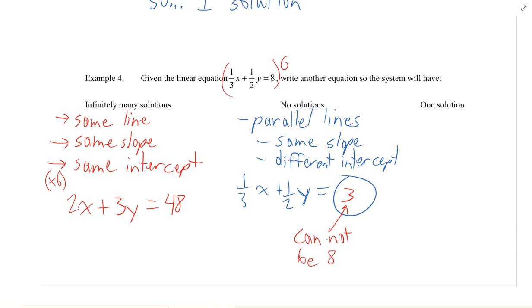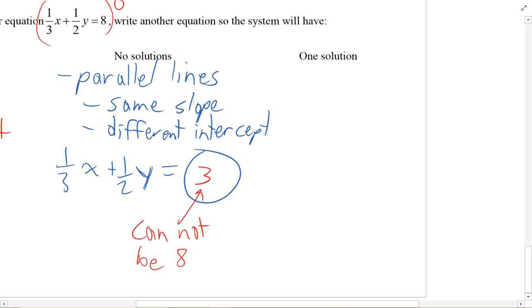All right. And what about one solution? Which situation is there where you only have one solution? Yeah, the normal case, right? You just need different lines. So all you need here is a different slope. That's it. Just a different slope, okay? So you could just make one change, that would be fine. One change or many changes, your choice.